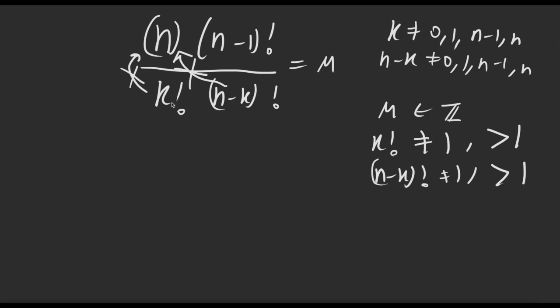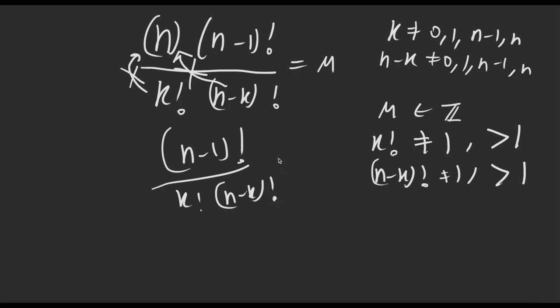So, as this is an integer, we have n minus 1 factorial divided by k factorial into n minus k factorial is actually some integer lambda k, where lambda k belongs to Z, and this lambda's value depends on k.